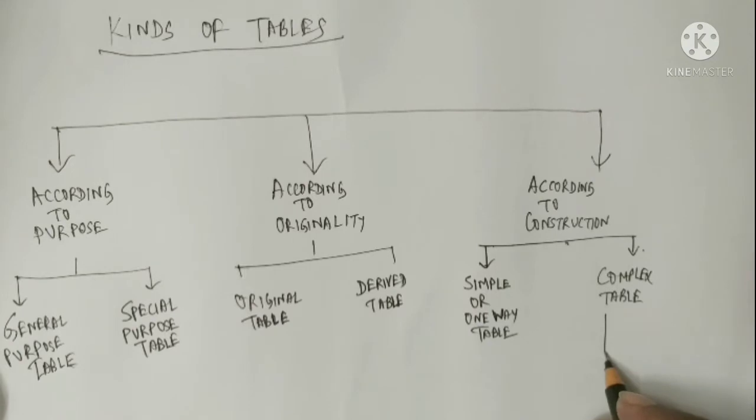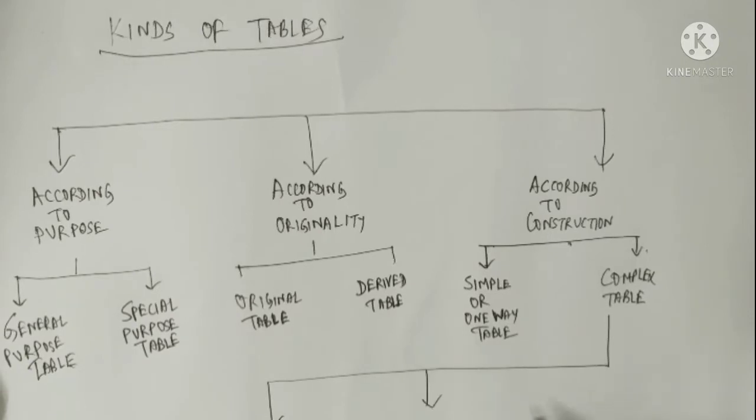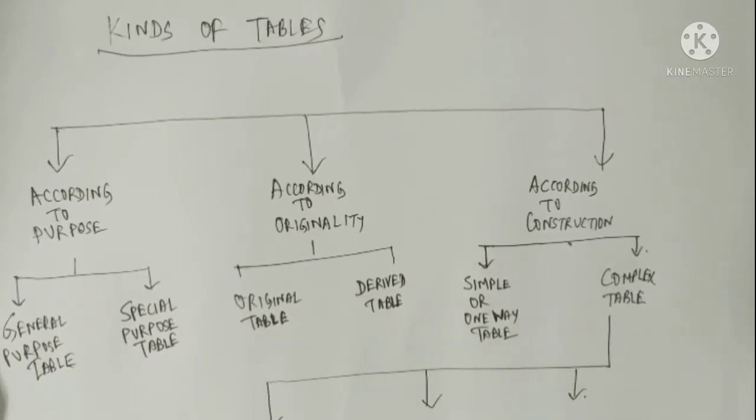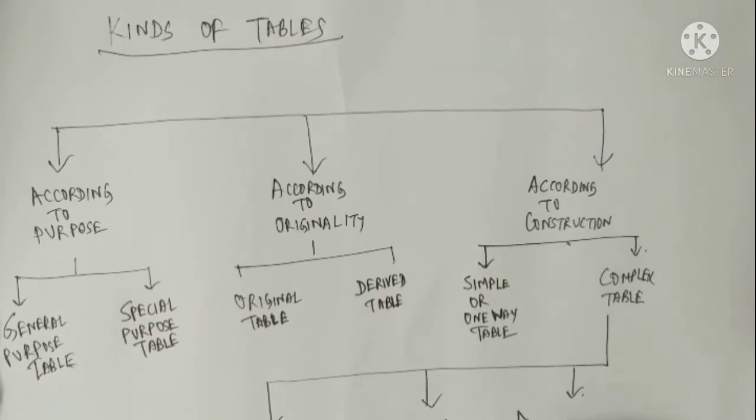Here we mention three types of complex table, that is double or two-way table, treble table, that is three parts, and manifold table.